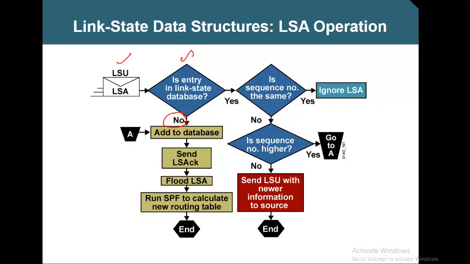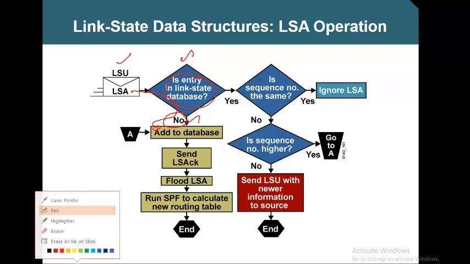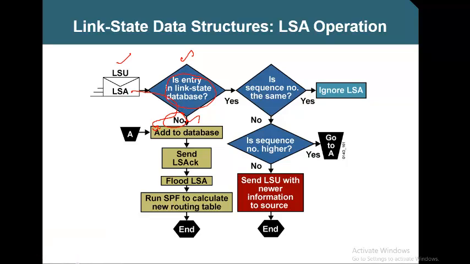So if there is no entry in the database, whatever comes in is going to be added to the database. The link state update is a collection of a lot of link state advertisements. The link state update is now added to the database.